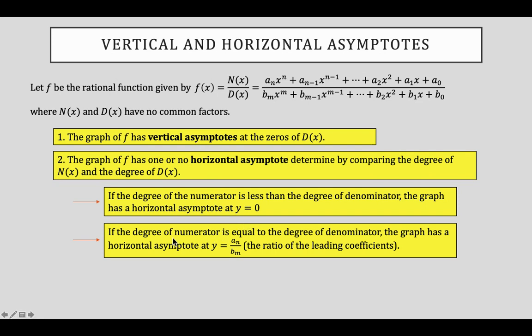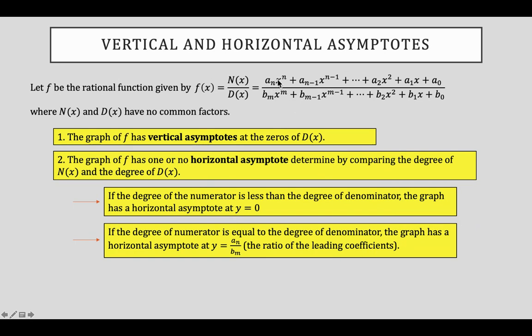Scenario number two, if the degree of the numerator is equal to the degree of the denominator, the graph has a horizontal asymptote at y equals a sub n divided by b sub n.